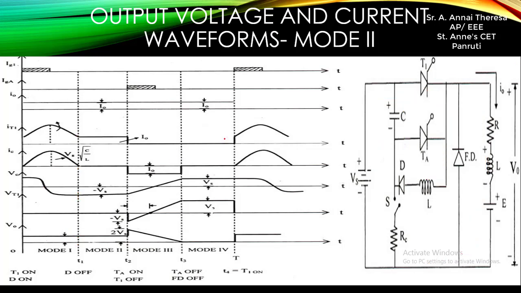Now we can see the second mode of operation. In mode 2, from T1 to T2, the conditions existing in the first mode continue. The capacitor current continues to be 0, the current through thyristor 1 continues to be I0, the capacitor voltage continues to be minus Vs, and the output voltage V0 is equal to Vs. So everything continues from mode 1.